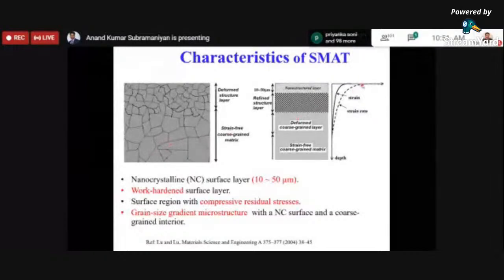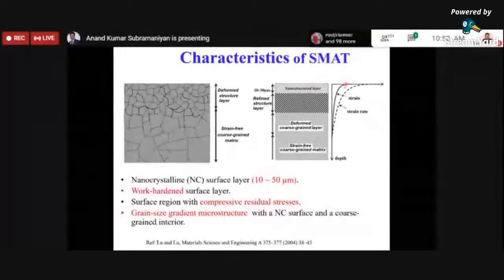And if you quickly measure the strain values from the surface to the bulk, you can see that the strain will be significantly higher at the treated surface, and then it starts to decrease as we move towards the depth of the sample, and thereby this significant amount of strain is responsible for generating a nanostructured layer, which will be in the order of 10 to 50 microns.